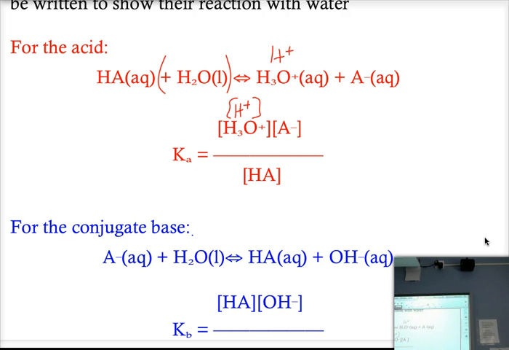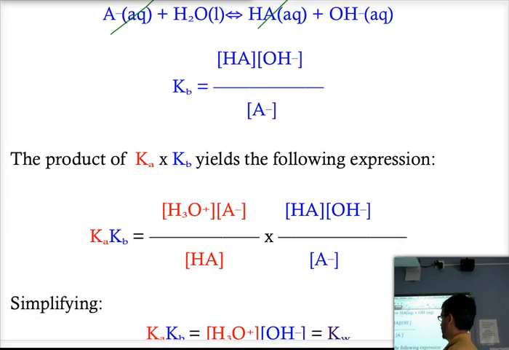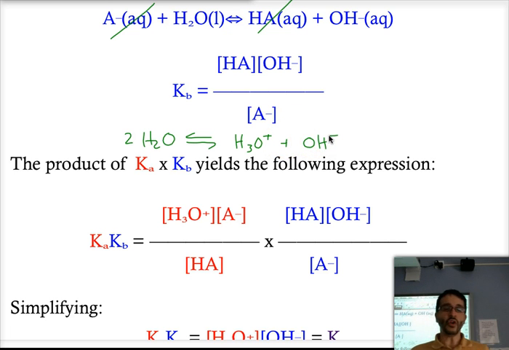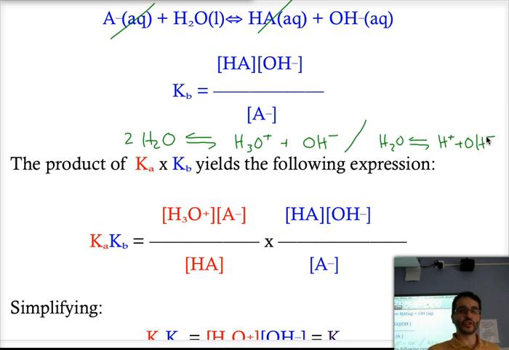All right. And the resultant equation that you get for this, all right, or if we had left one of the waters out, which of course we know is the autoionization of water.